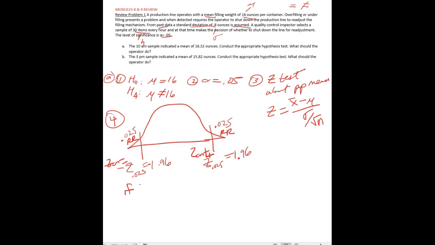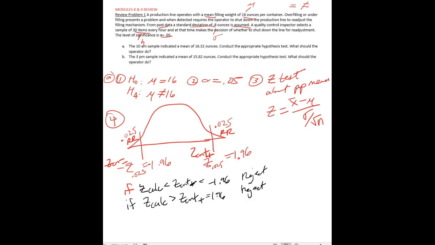If z-calc is less than z-crit negative, sorry, z-crit negative equal to negative 1.96, reject. If z-calc is greater than z-crit positive, which happens to be equal to 1.96, reject as well. Okay, so that's our rejection rule.